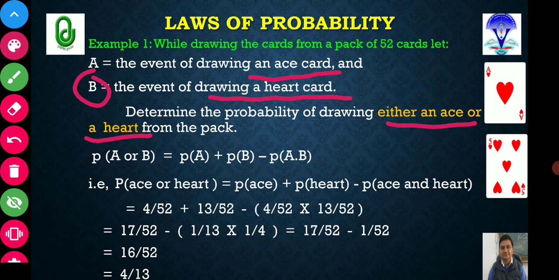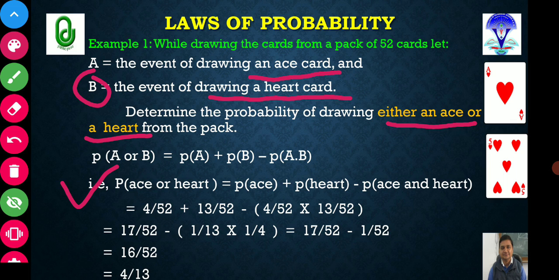So we will apply the formula of mutually non-exclusive events, and then we have to find the probability of drawing either an ace or a heart. So what will be the probability? Probability P(A or B), probability of occurrence of A or B, will be probability of occurrence of A plus probability of occurrence of B minus probability of simultaneous occurrence of A and B. So here in terms of cards I have written probability of occurrence of ace or heart is equal to probability of occurrence of ace plus probability of occurrence of heart, and it will be subtracted by the simultaneous occurrence probability of ace and heart.